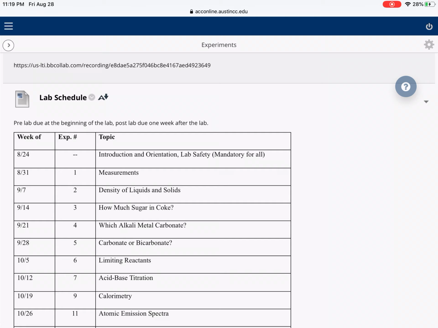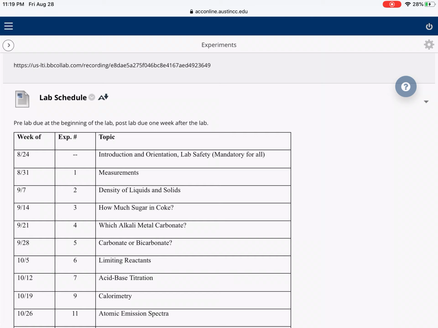Normally the week begins with a Monday, so I have put down here the Monday dates, but this is applicable for the whole week, depending on which day your lab is supposed to be. Okay, and it says the pre-lab is due at the beginning of the lab, and the post-lab is due 1 week after the lab. For example, the measurements experiment we do in the next week.